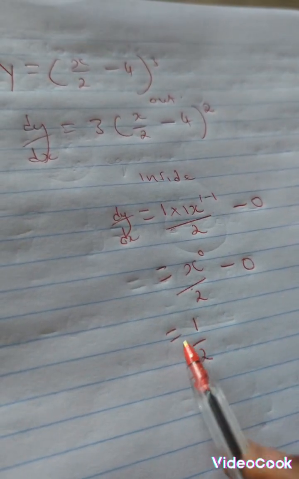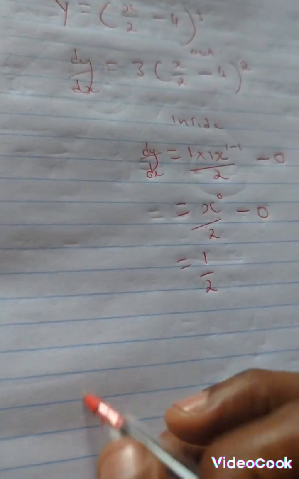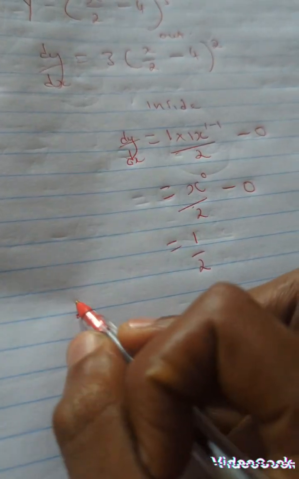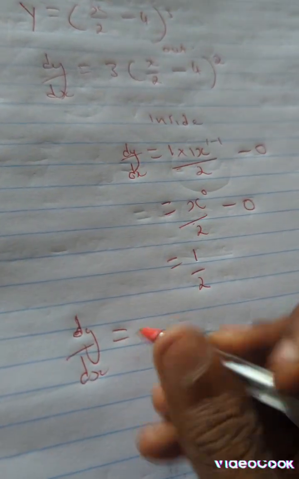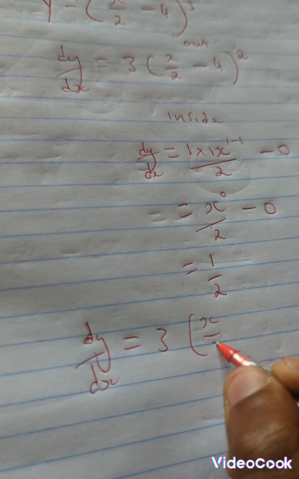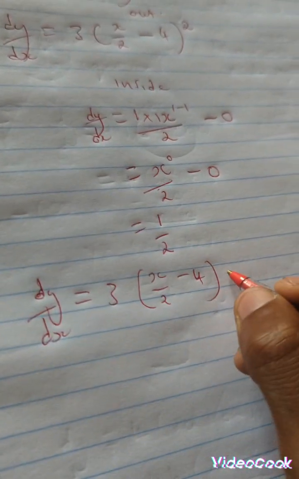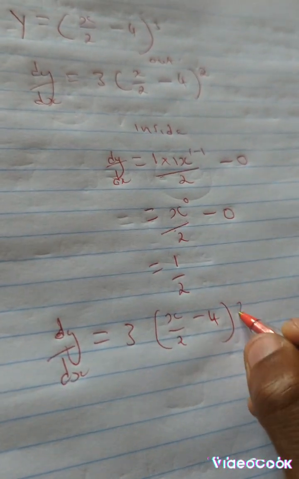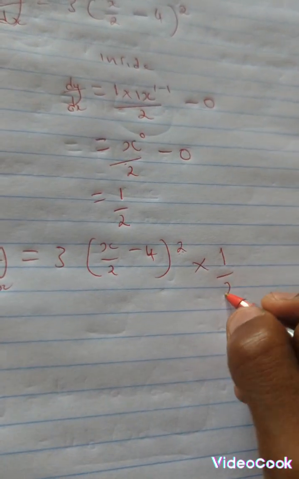And then we now multiply the outside and the inside. So therefore we are going to have dy over dx equal to 3(x over 2 minus 4) to the power 2 times 1 over 2.